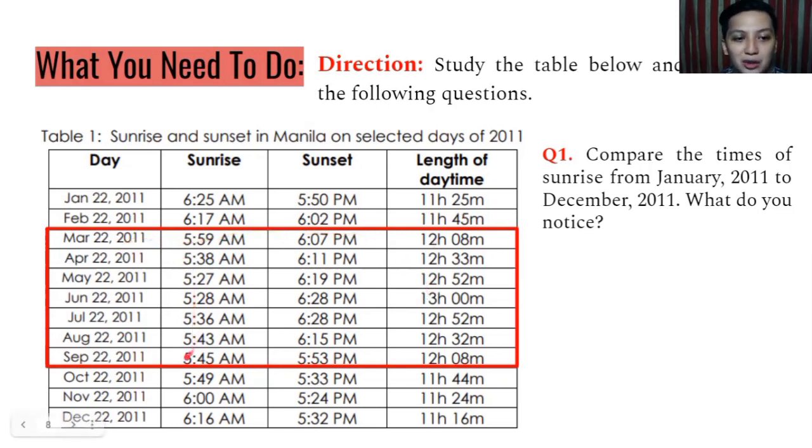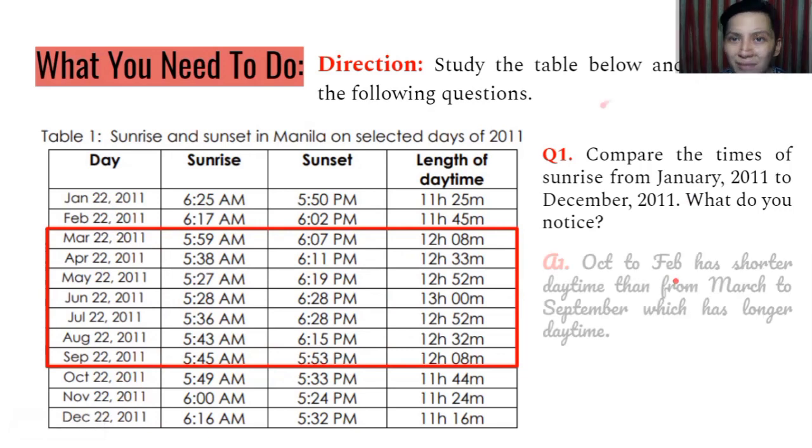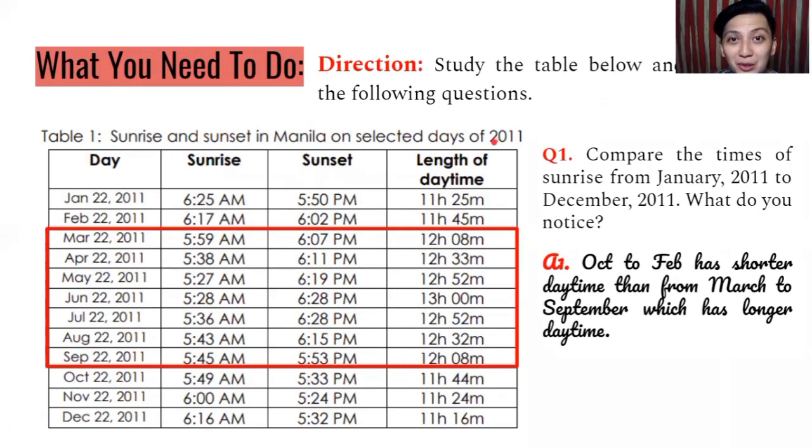During March to September, it has longer daytime, while January, February, October to December has shorter daytime. So, as you can see, the answer for question number 1 is October to February has shorter daytime than March to September, which has longer daytime.